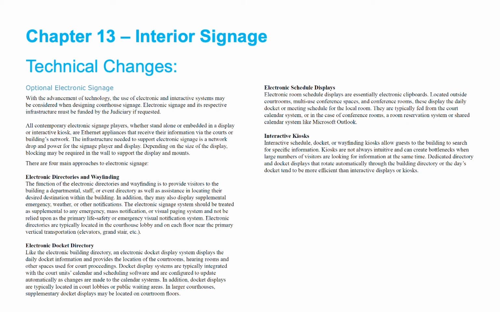This section describes different approaches to electronic signage, including electronic directories, wayfinding elements, docket and schedule displays, as well as interactive kiosks. Figure 13.1 found in the 2007 design guide depicting sign type samples was removed. This section showed examples that were not ABAS compliant.